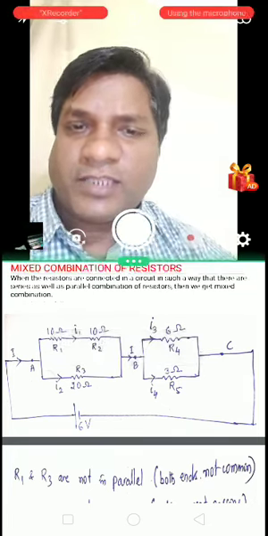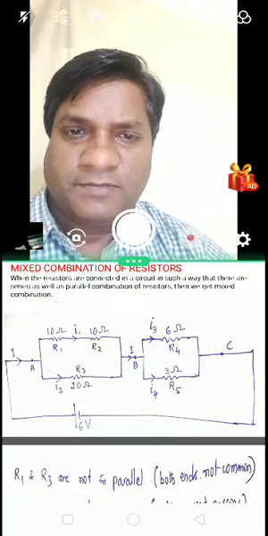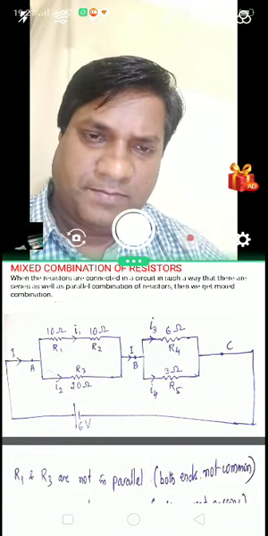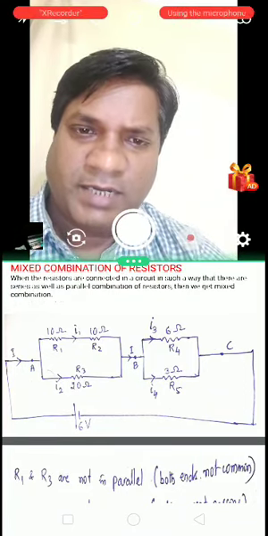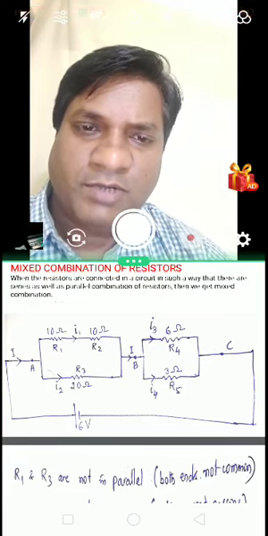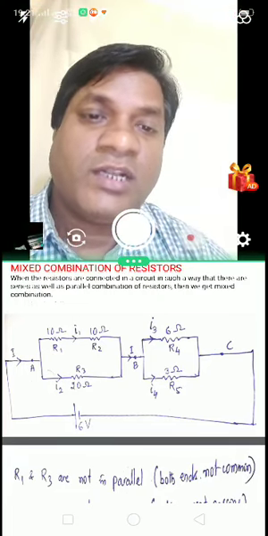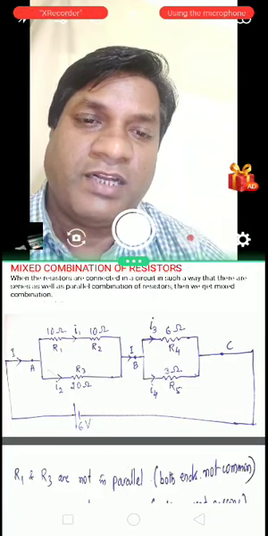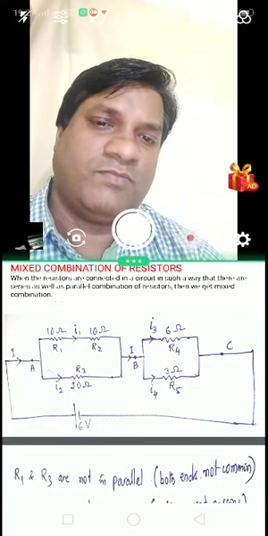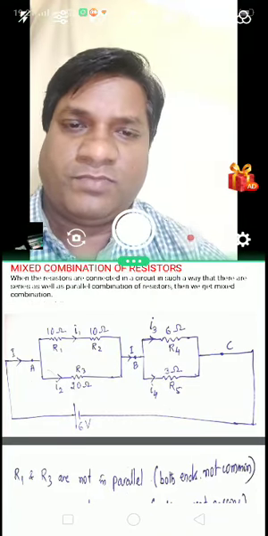So if we apply the same principle here, then I3 divided by I will be equal to the total resistance of the parallel combination of 6 ohm and 3 ohm to 6 ohm.